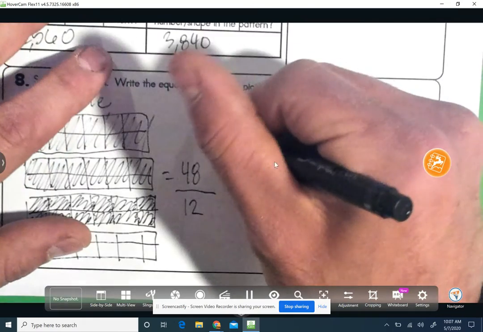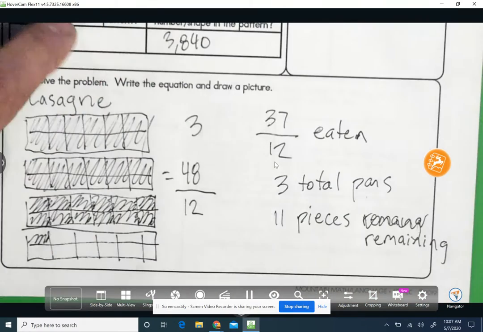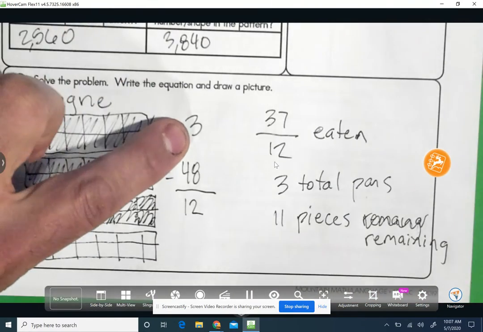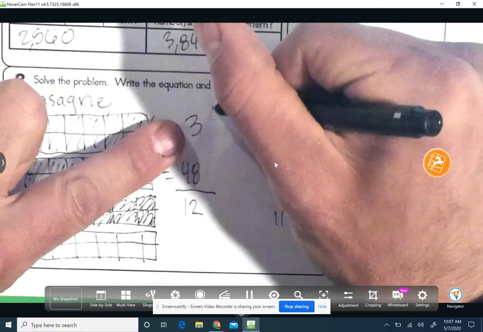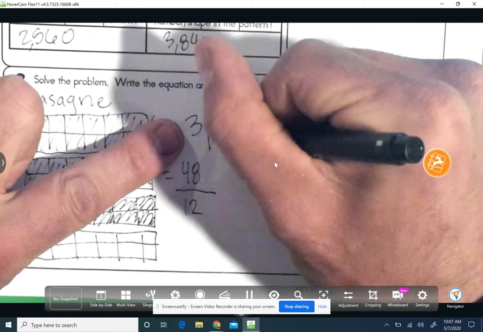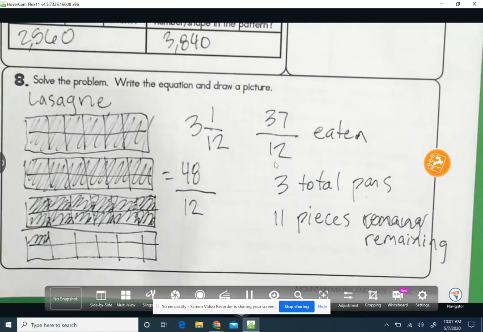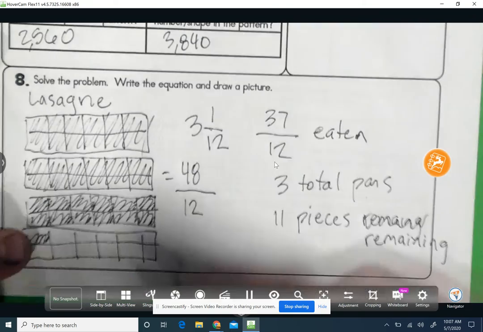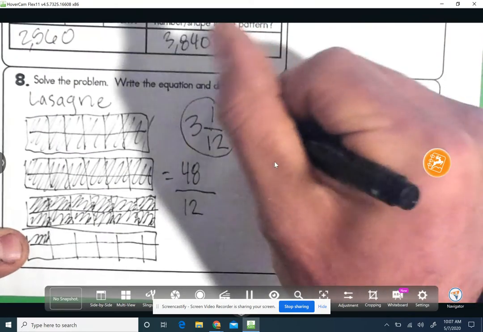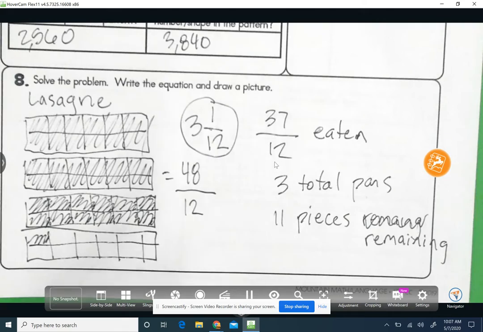Well, 3. And that's your whole number, 3. And how many are left to get to 37? 1, and your denominator stays the same. So eaten were 3 and 1/12 pan of lasagna. That's another way to look at this problem.